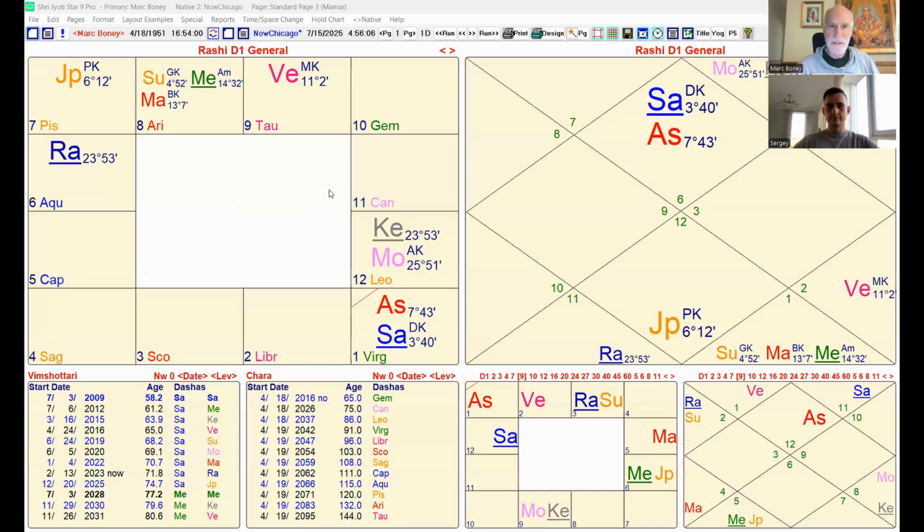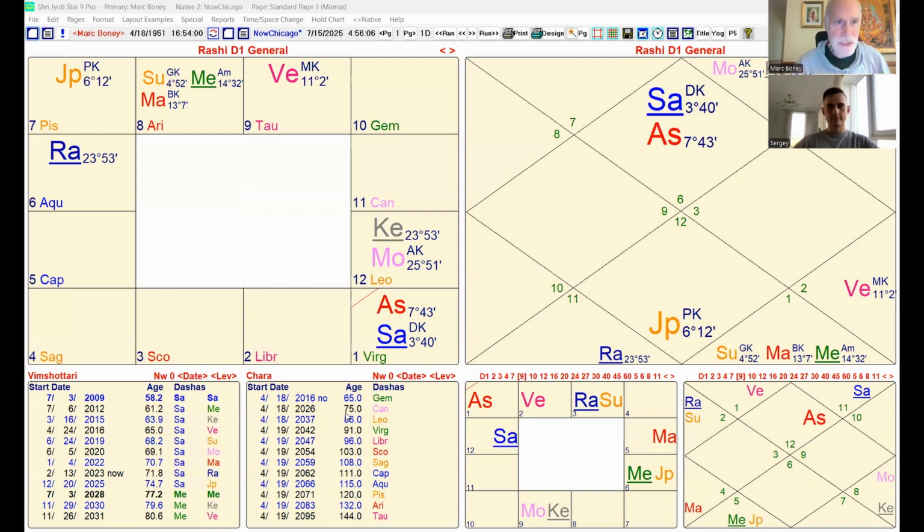Now I'm going to share screen and bring up my program, because for each of these steps I'm going to want to illustrate by using an actual chart where I'm applying them. And because it's just easy for me, I'm going to use my own chart to illustrate this first step.